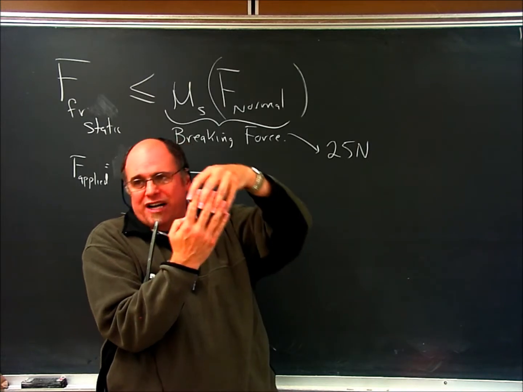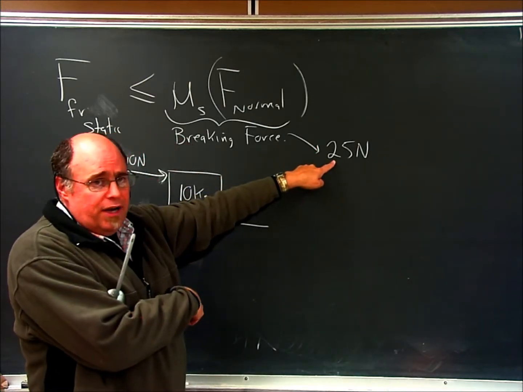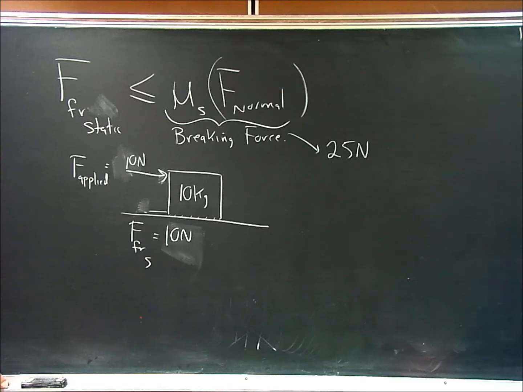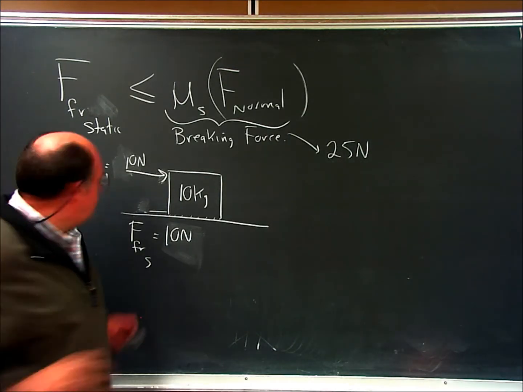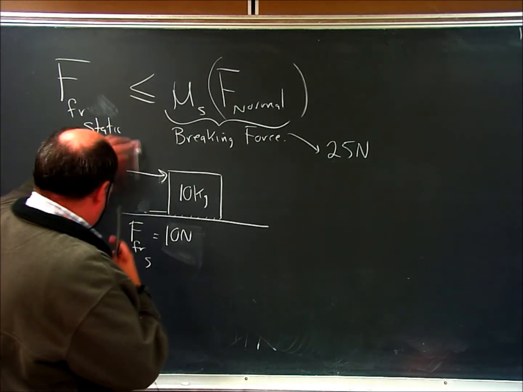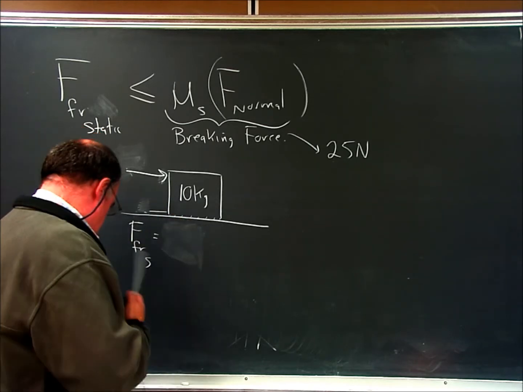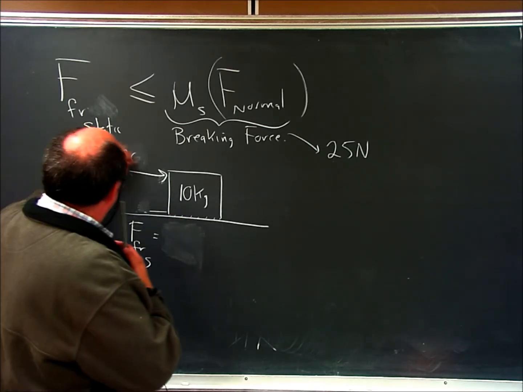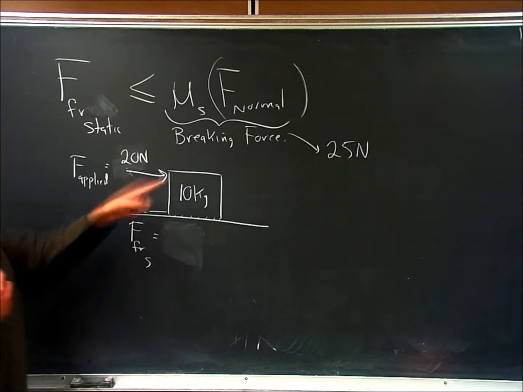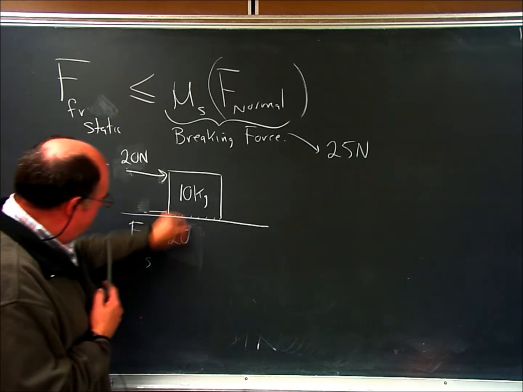And when we push at a certain number, the breaking point, it's going to move free. So if I bring this number up to 20 newtons, it won't break free.